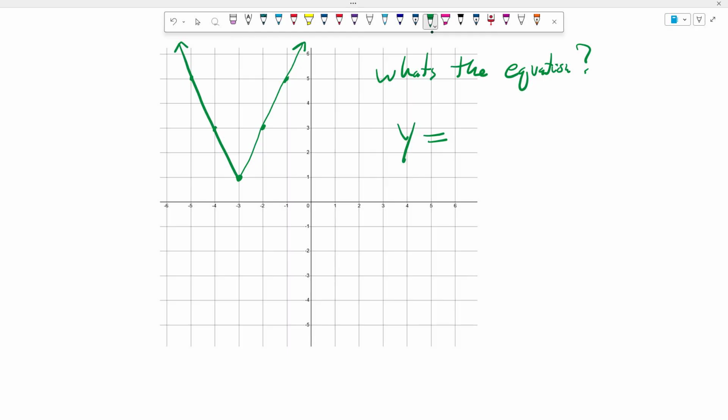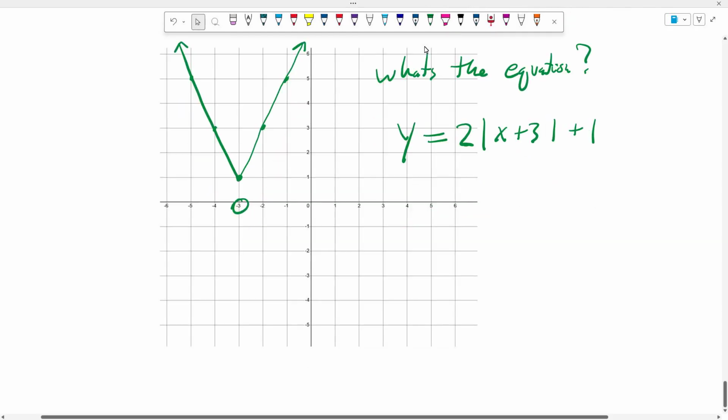Because the V is going up, it's definitely going to be positive 2. Times the absolute value. And we went left 3, so we go x plus 3, or x minus a negative 3, and then we shift it up by 1. That's it. That's cool.